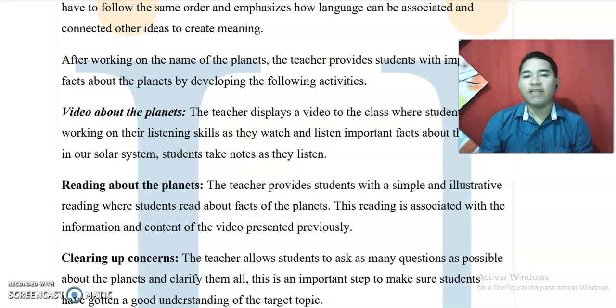So this is a very interesting way to practice and to reinforce the topic, because students are going to rely from the very beginning of the lesson on the teacher's use of the flashcards. Now they're going to encounter a reading also with pictures, and they will be reinforcing and associating the meaning and the important facts with the pictures of the planets.